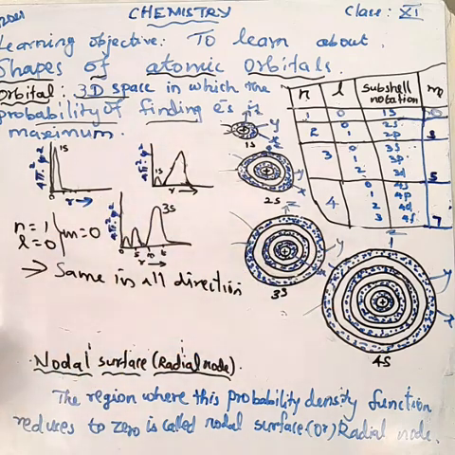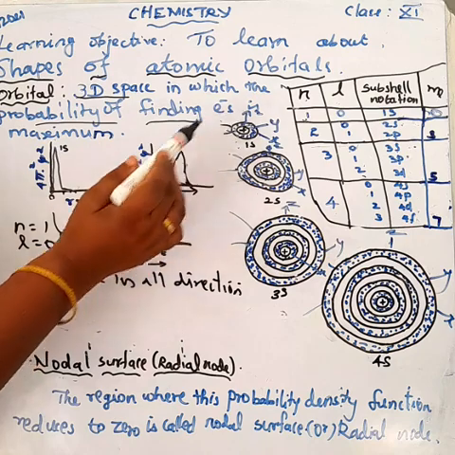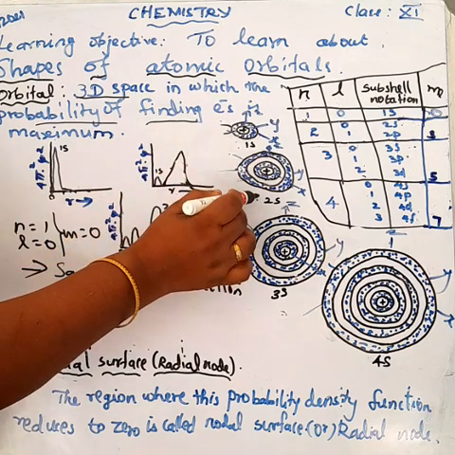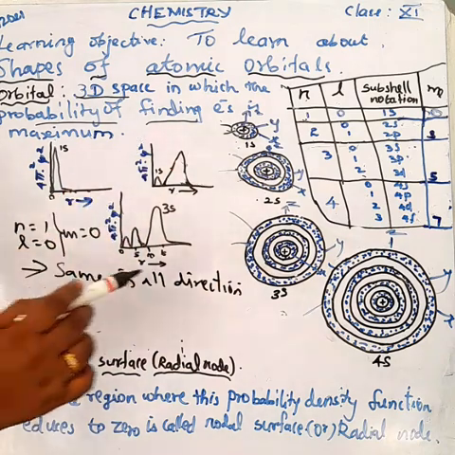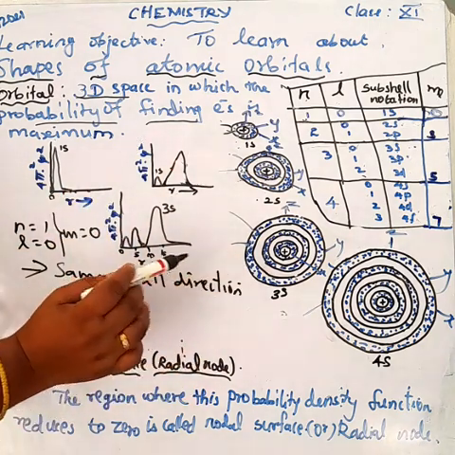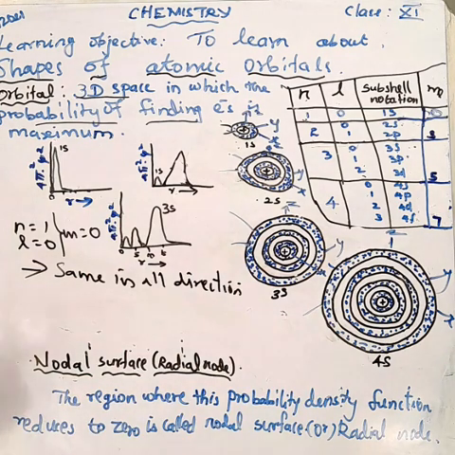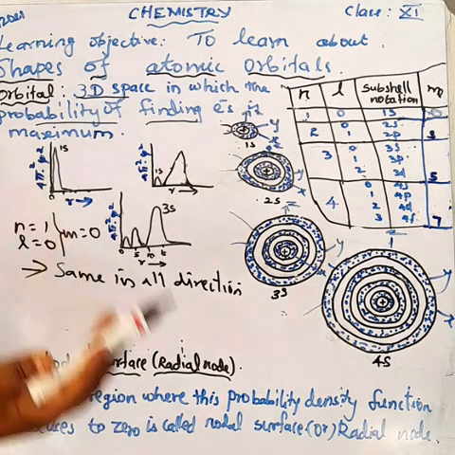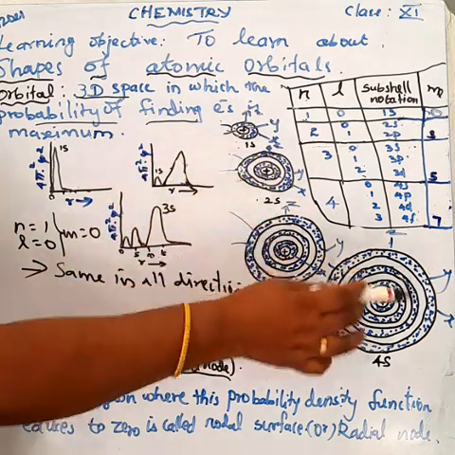When n is equal to 1, it is the 1s orbital. N equal to 2 means the 2s orbital, n equal to 3 means the 3s orbital, and n equal to 4 means the 4s orbital.